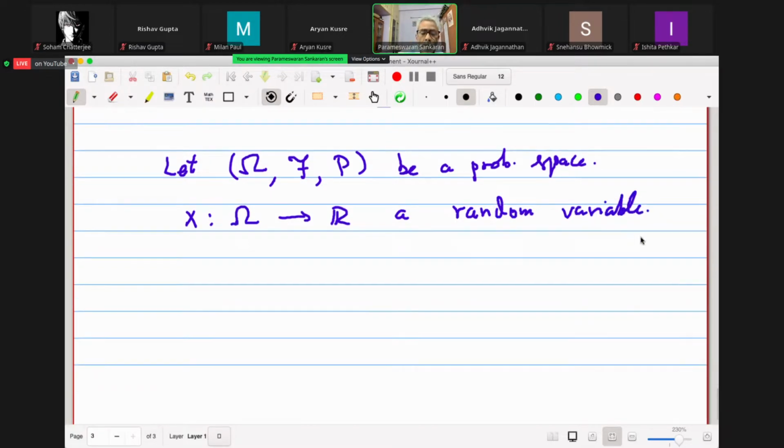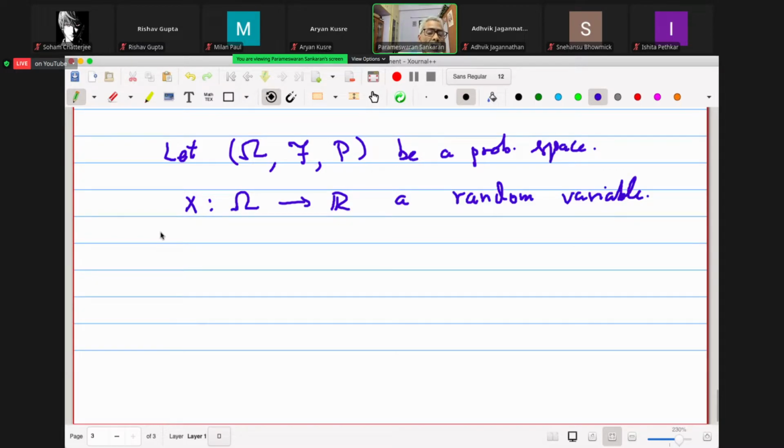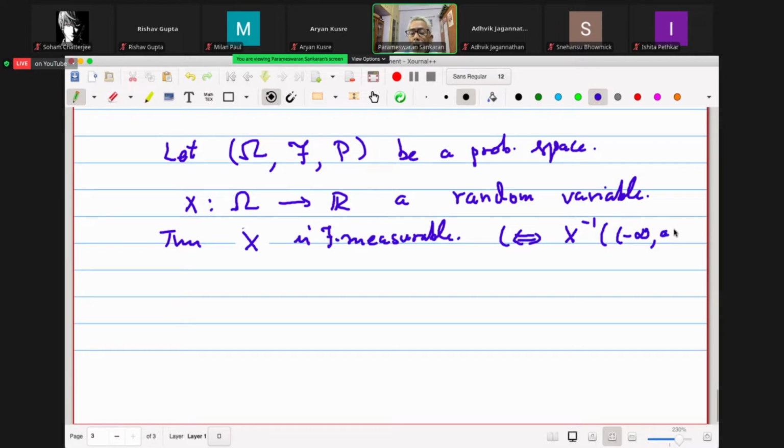Thus X is F-measurable. We used this a long time back. This is simply equivalent to the statement that if I think of X as a function and look at the inverse image of minus infinity to any point a, this is an element of F. That's what it means to say a random variable.